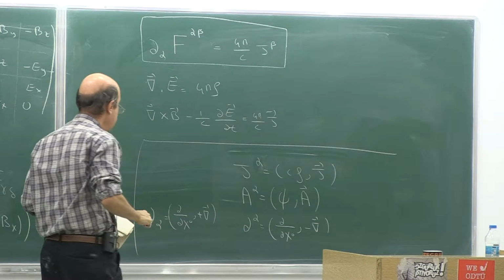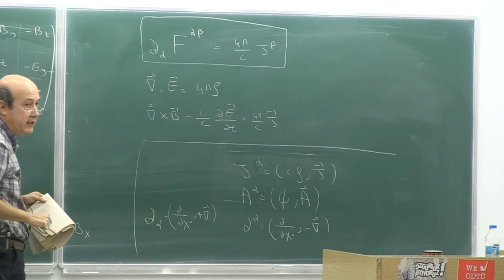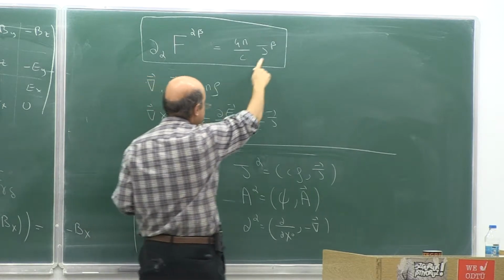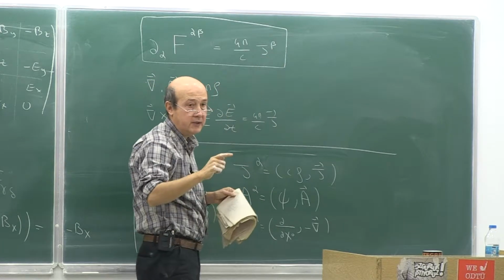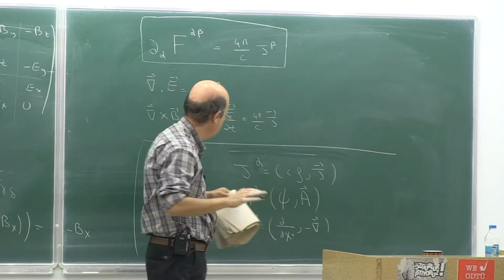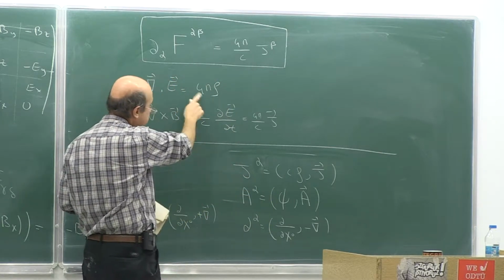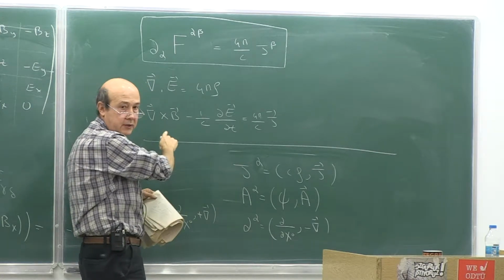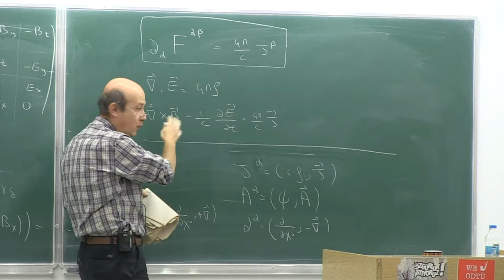these inhomogeneous Maxwell's equations. First of all, how many free indices do you have? Beta. Beta is what? 0, 1, 2, 3. 4 independent equations. How many equations here? One scalar and vectorial 3. So you have to equate the components.